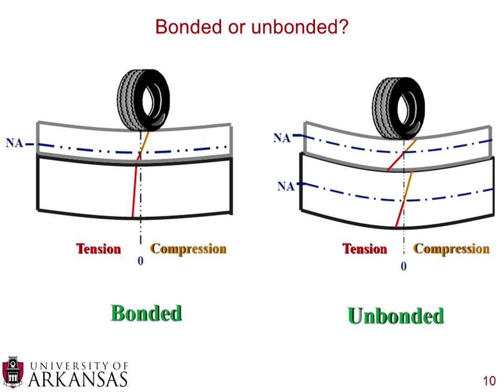And here's the idea of the bonded versus unbonded layers. You can see with the bonded layers, you only have one neutral axis. That's what the NA is, and that's where you go from compression to tension. So on a bonded concrete pavement, on a bonded PCC overlay, you have your neutral axis toward the lower part of your overlay.